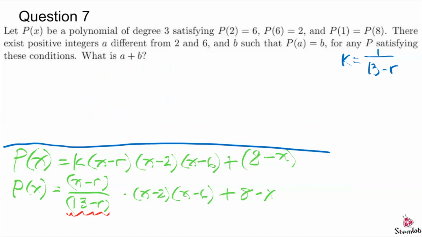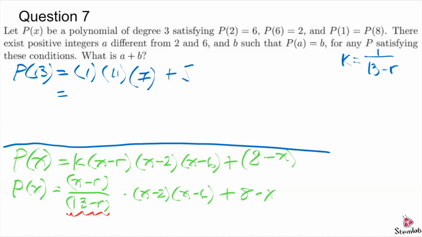Okay. So when we plug in 13, P of 13, we get 13 minus r over 13 minus r, so that's 1, times 11, times 7, minus 5.